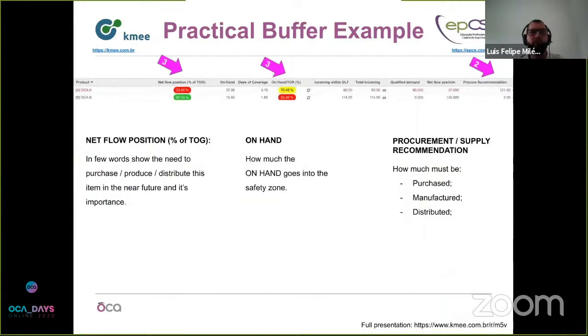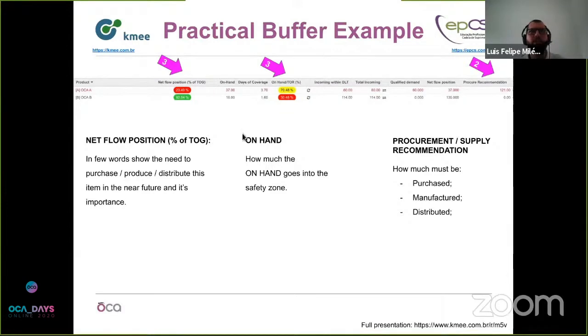Here we have the list view of the buffers with some more important outputs. The first one that I want to explain is these two visual planning priorities. It's a 3-color percentile. On the left here, we have the net flow position that, in few words, shows the need to procure, produce, or distribute in the near future, and its priority.